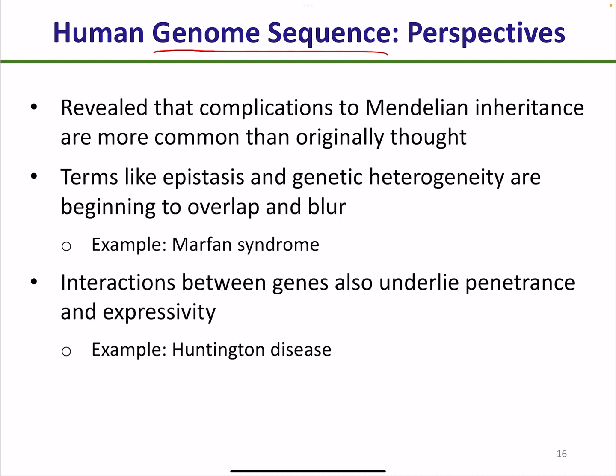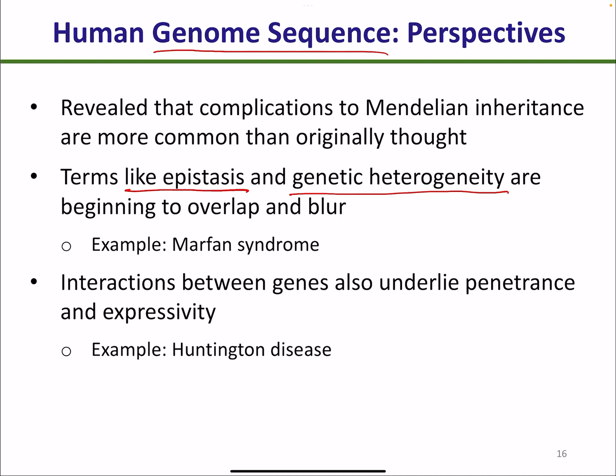Some features were thought to be caused simply by one particular gene that is defective, but we see that things are more complex than that, right? Terms like epistasis and genetic heterogeneity are terms that were not known when looking particularly and exclusively at Mendelian genetics, right?